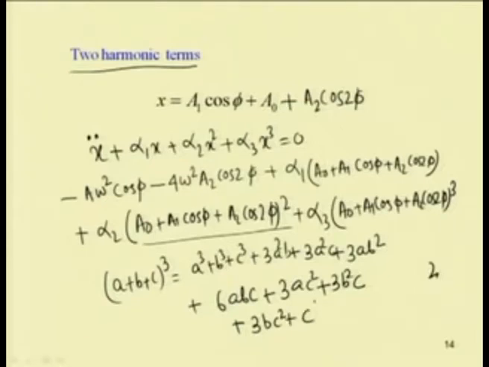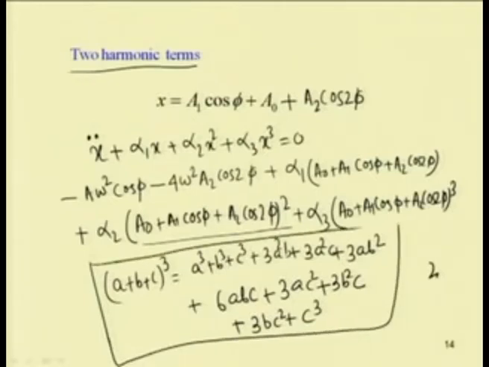So, using this formula for alpha 3 into A0 plus A1 cos phi plus A2 cos 2 phi whole cube, one can expand this equation and write the equations.